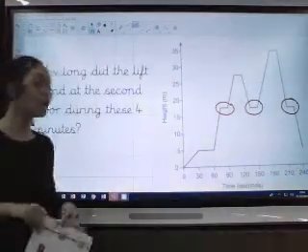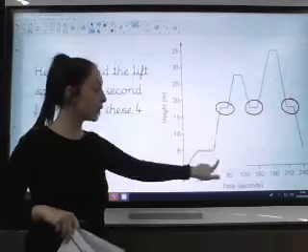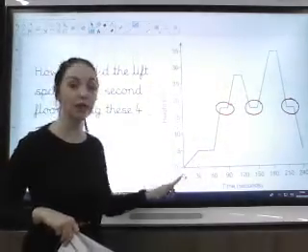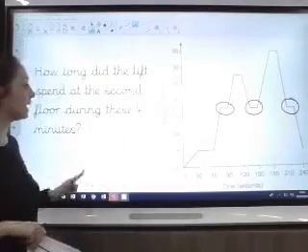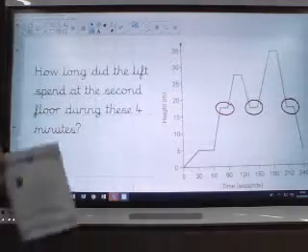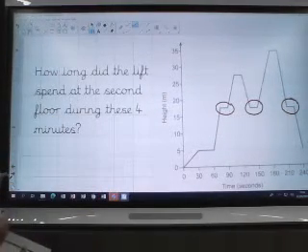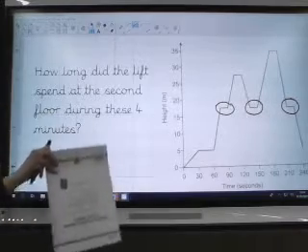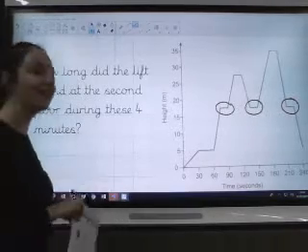Okay, so you've got to work out what one of these squares is in time. So if 2 squares is 30, think about what 1 square will be, and then you've got to multiply that by 3 to work out how long it stayed there for the whole time. Just multiply it by 3 and then write your answer.